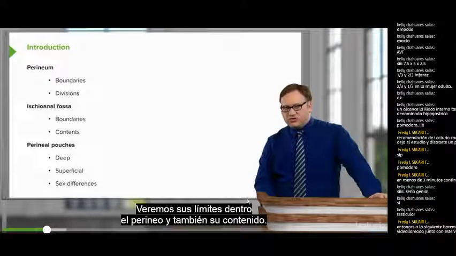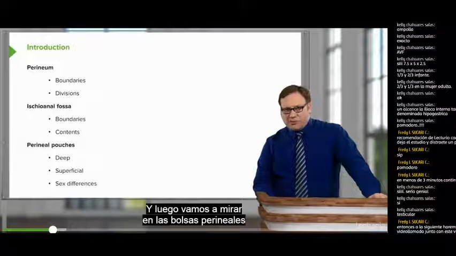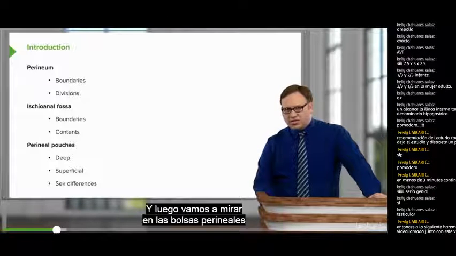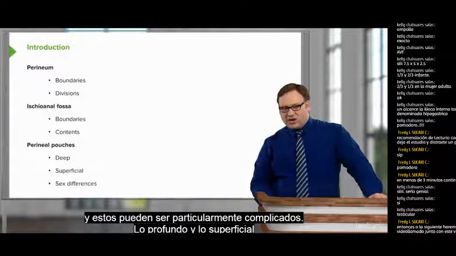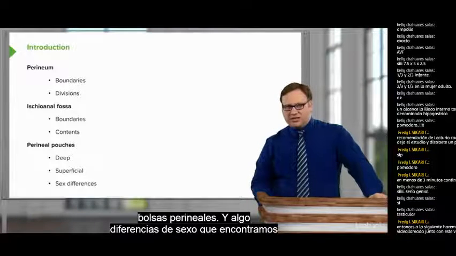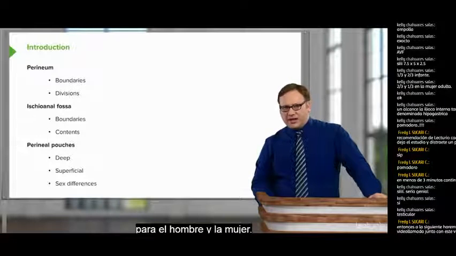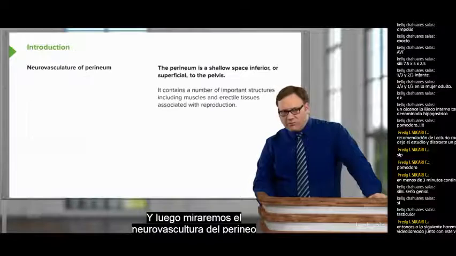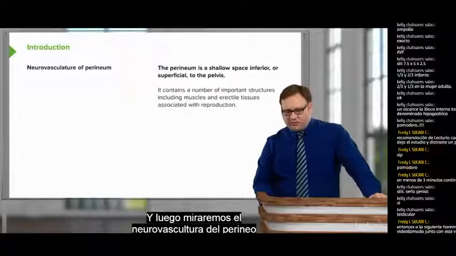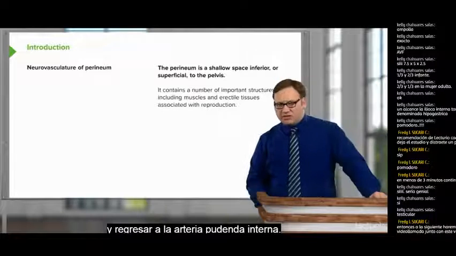We'll look at its boundaries within the perineum and also its contents. And then we'll go on to look at the perineal pouches, and these can be particularly complicated. The deep and the superficial perineal pouches, and some sex differences we find for the male and the female. And then we'll look at the neurovasculature of the perineum and return to the internal pudendal artery.